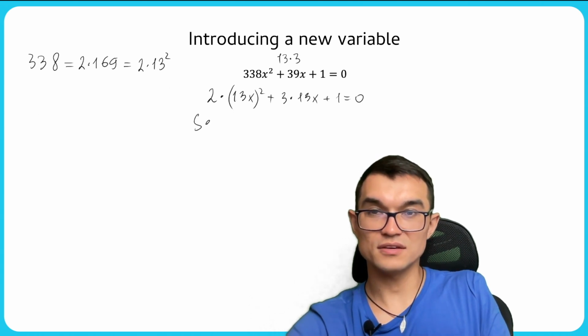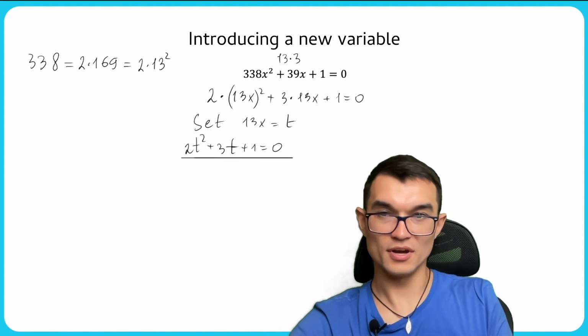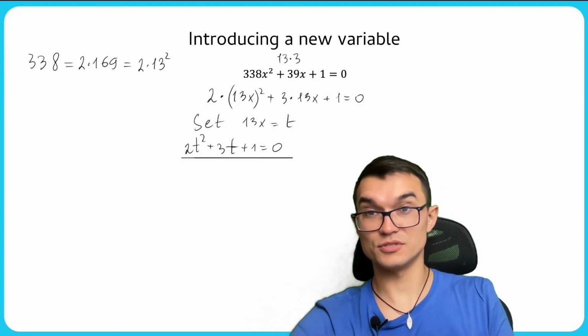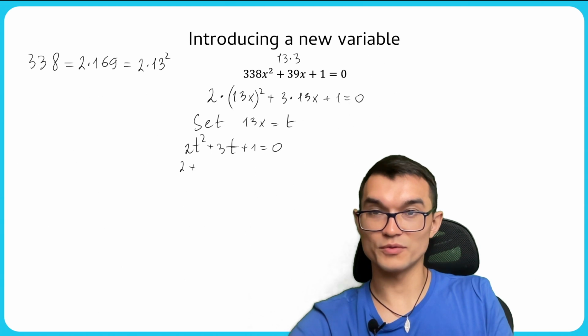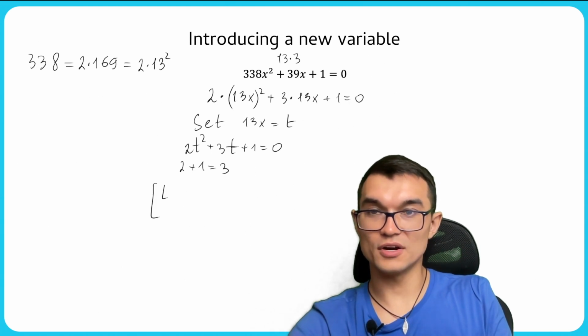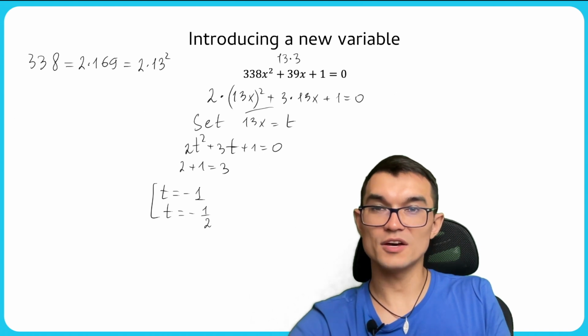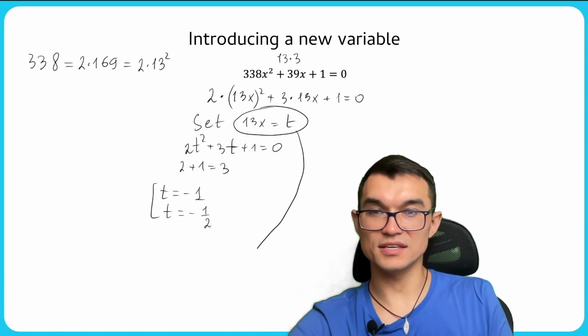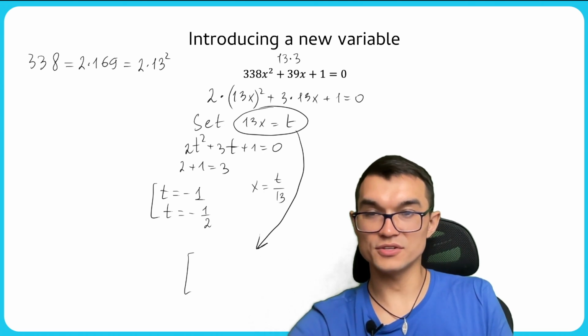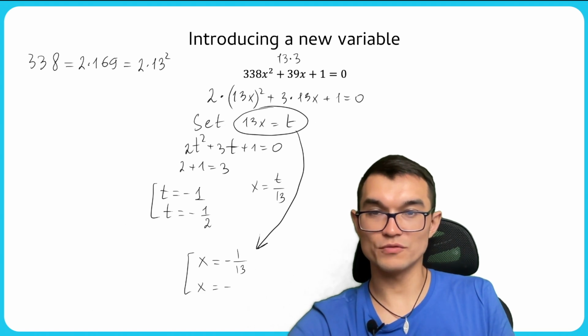And if we set 13x equals t, then 2t squared plus 3t plus 1 equals 0. The roots of that equation are pretty obvious. I'm going to use property number 2 again, because 2 plus 1 equals 3 here. So the roots are minus 1 and minus 1/2. Coming back to the variable x, I've got x equals t over 13, which gives me the answer x equals minus 1 over 13, or minus 1 over 26.